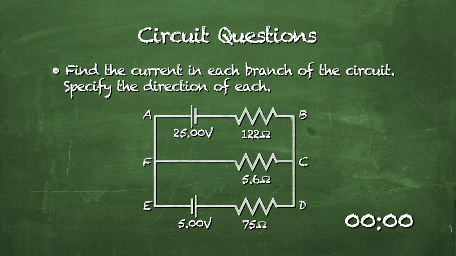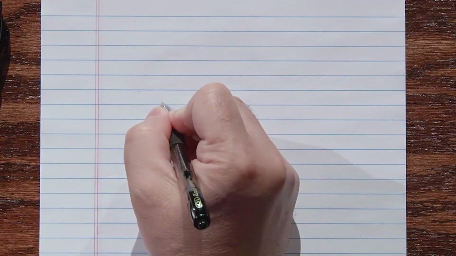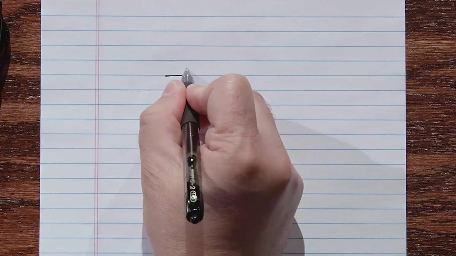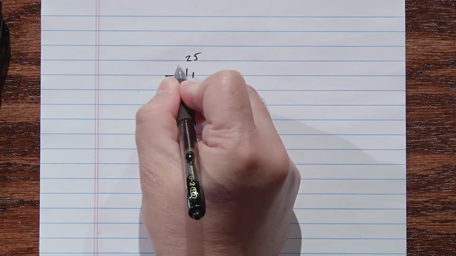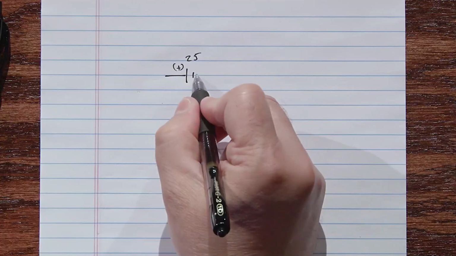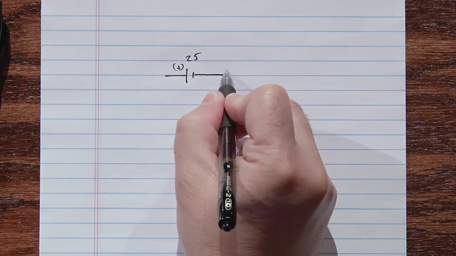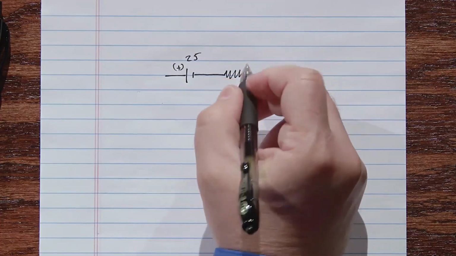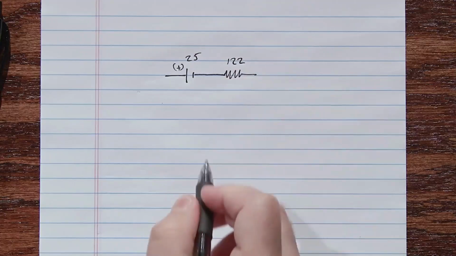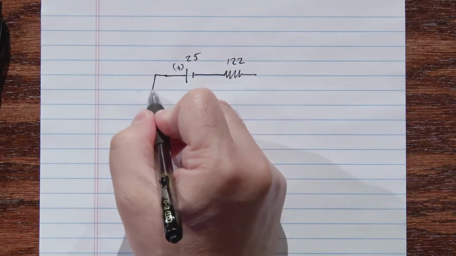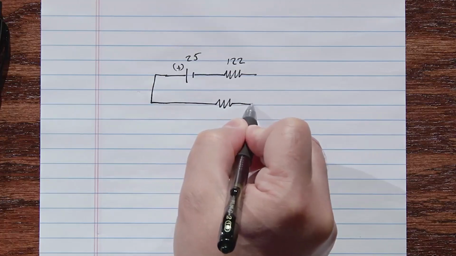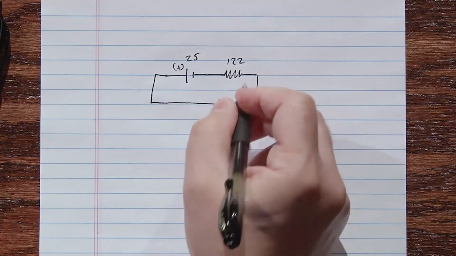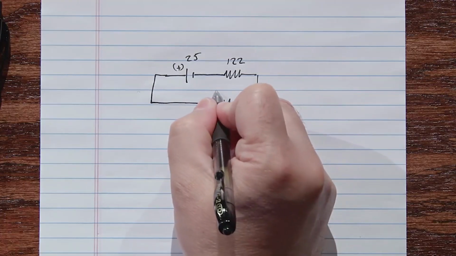Let's draw our circuit. We have a 25 volt battery, and I'll mark the positive side, connected to a 122 ohm resistor. And then I have another resistor, a 5.6 ohm resistor.